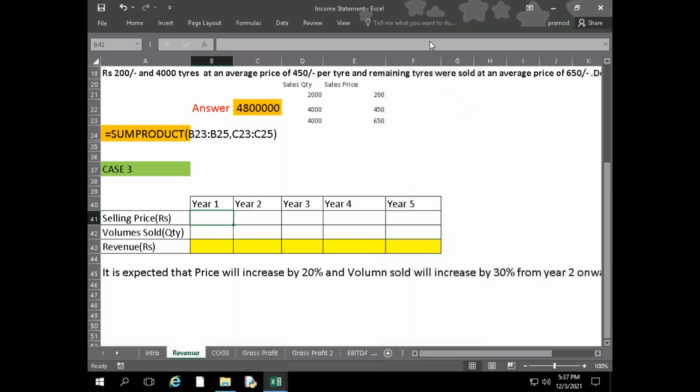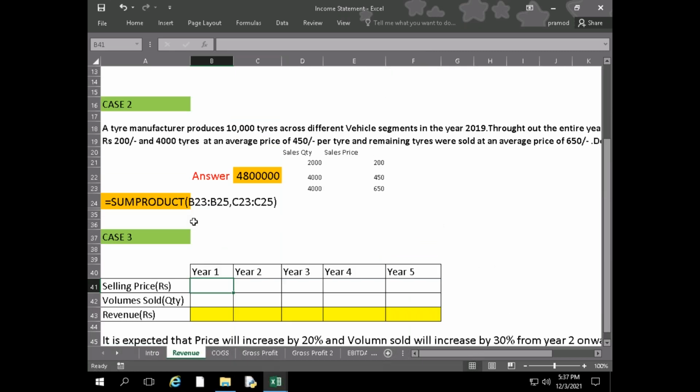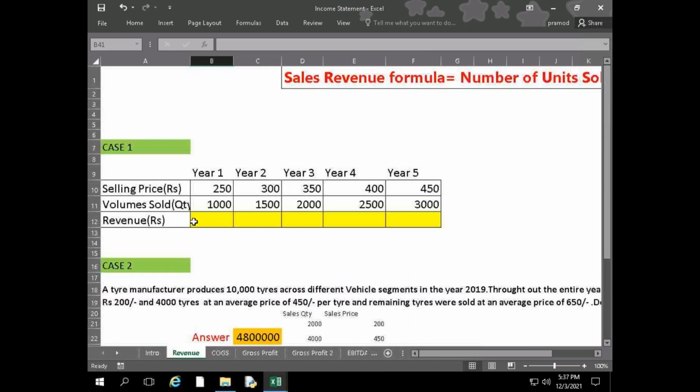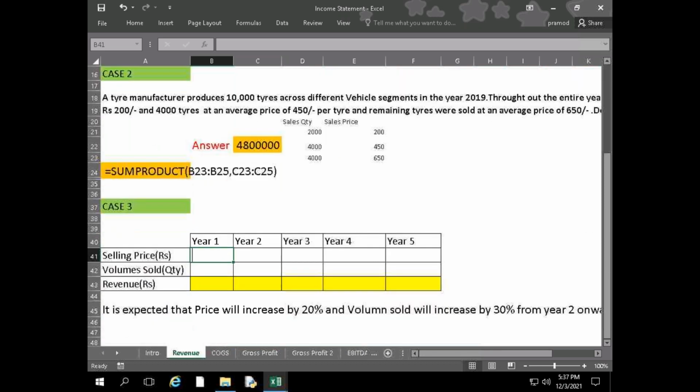I'm getting the answer 5,250, sir. Is it fine? Because selling price in the first year is 250, correct? So B41 into 20%, bracket close, plus B41, it should be 300.